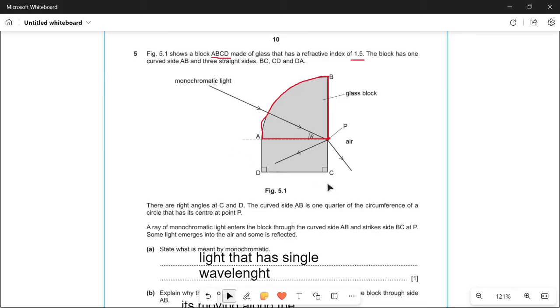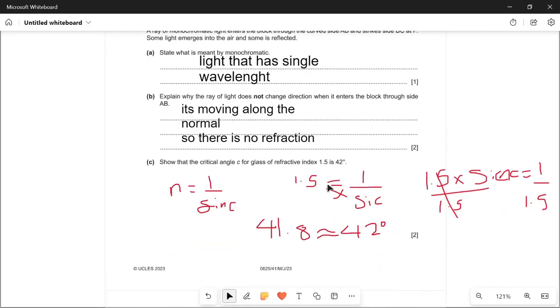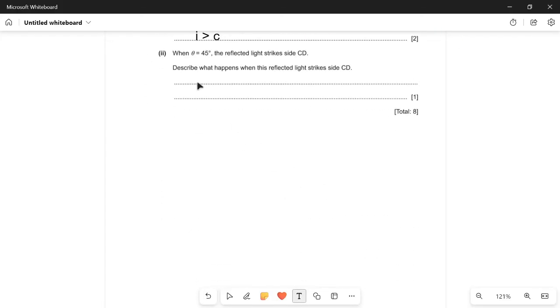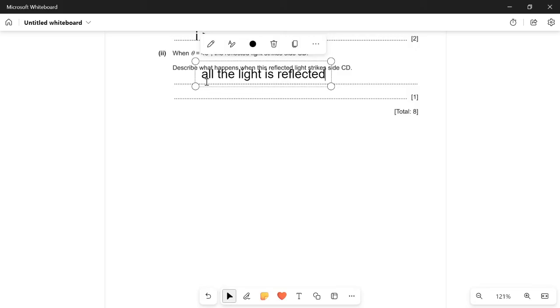So all the light is going to be reflected back. So we can write all the light is reflected. Let's move on to the next question.